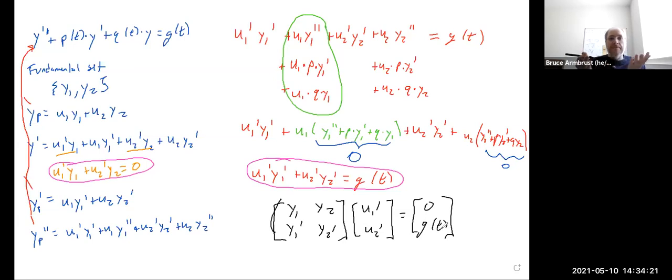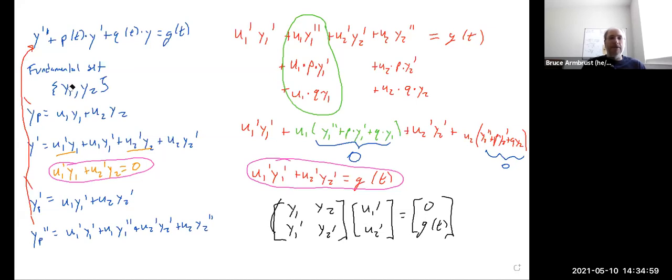Okay. So it turns out that we're going to solve any of these in exactly the same way. And here's what I find really beautiful. Notice that none of this, in terms of finding the actual solution, has anything to do with p and q. I don't care at all what these things look like, other than the fact that they determine my fundamental set.